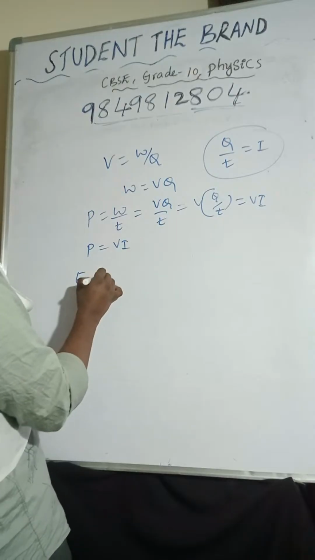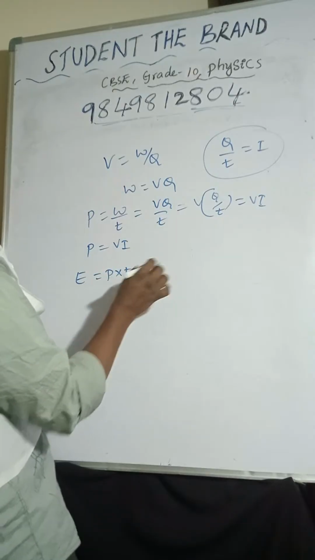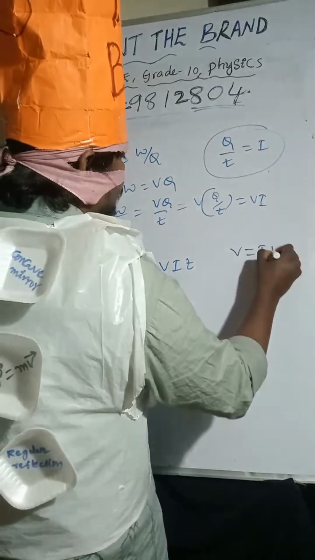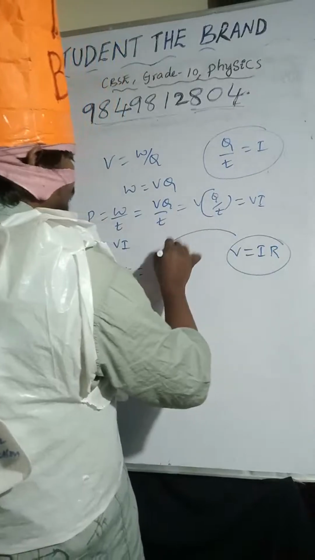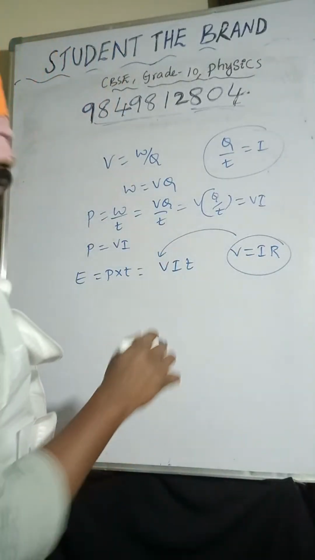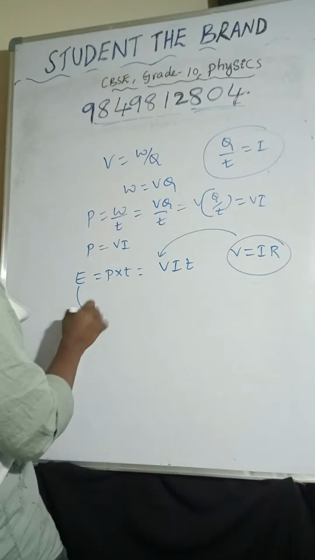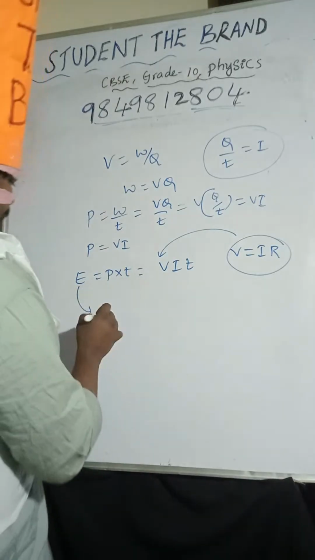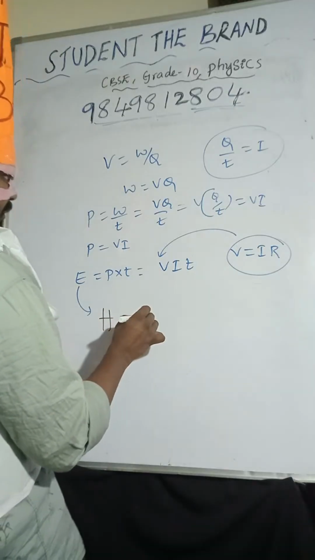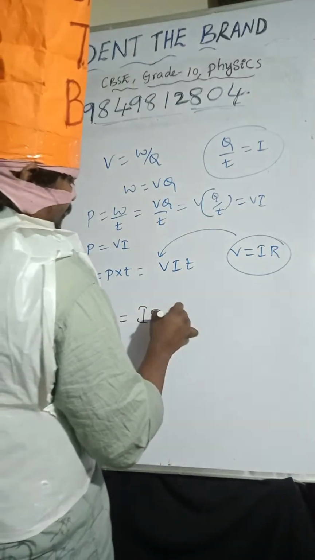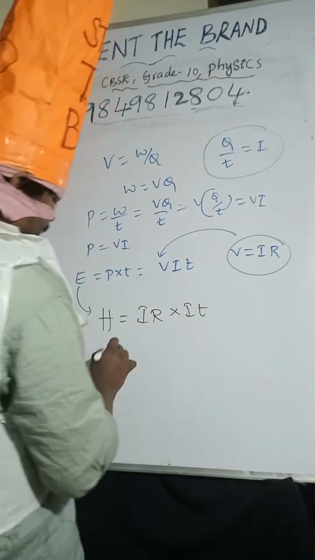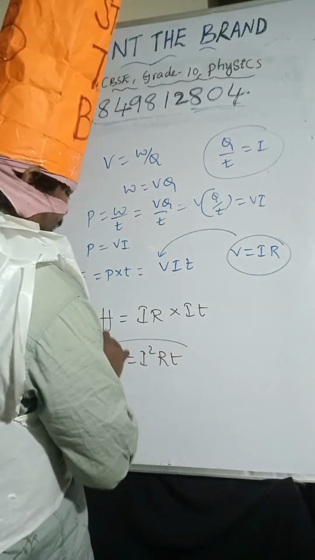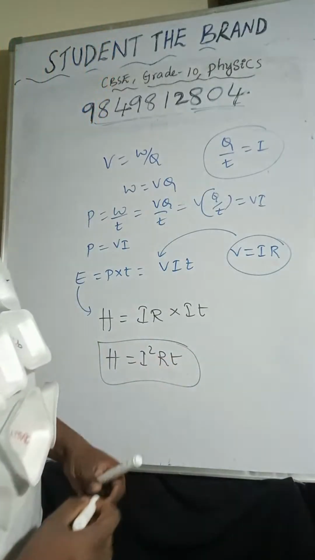Energy E equal to power into time, so E equals VI into T. Substituting V equal to IR, whatever energy is given to the conductor is converted into heat. H equal to IR into I into T, so H equal to I square RT. This is the heat produced in the conductor.